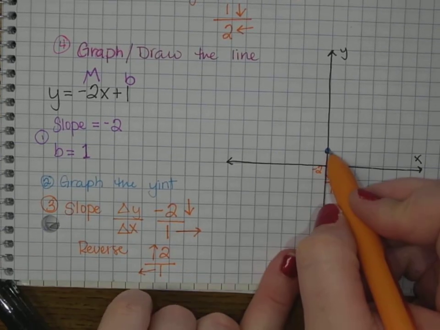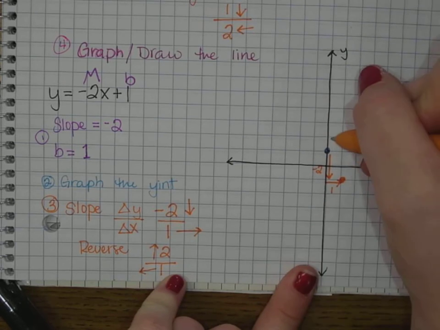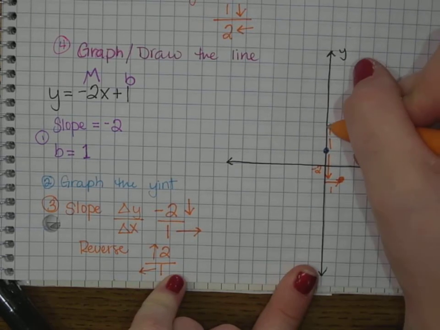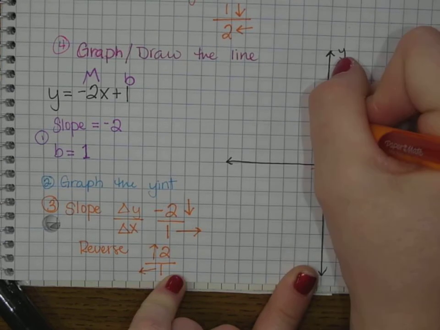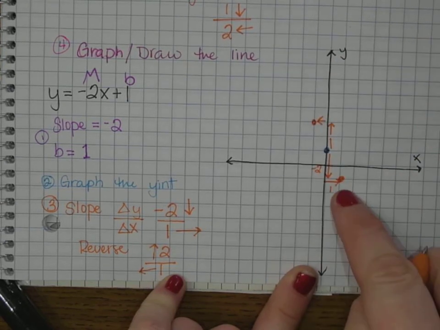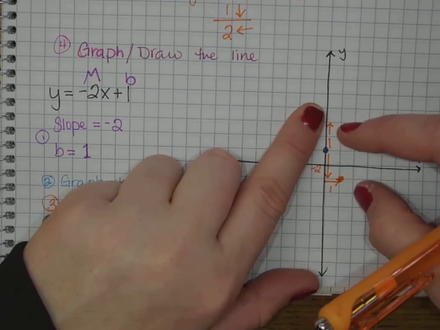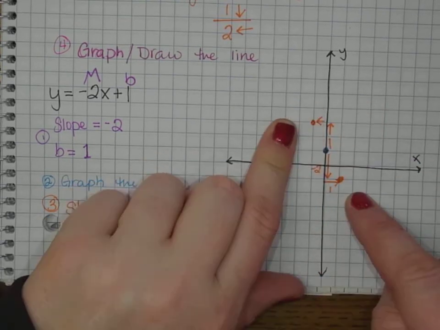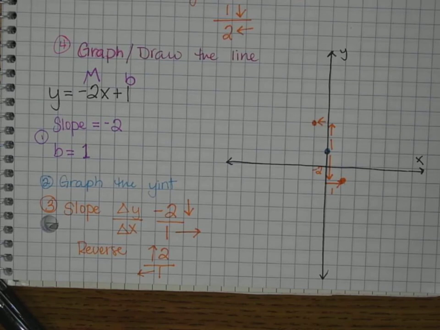So go back to the y-intercept, go up 1, 2, and go left 1. Notice it has to continue the same line. I wouldn't want to go up and this way because that would again make a V. We want it to be a line. The slope is -2 for the whole thing.